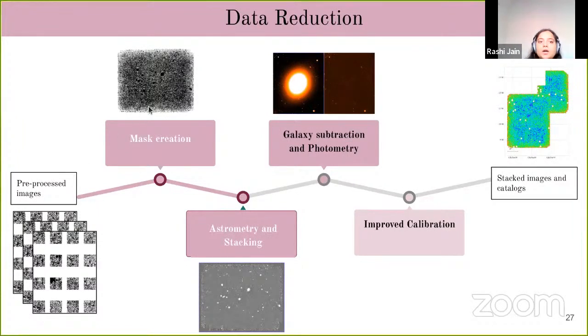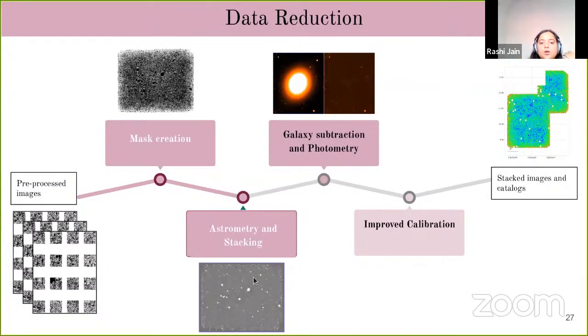And then after we mask these objects, we estimate the sky and subtract this sky. Apart from sky subtraction, we also do another pass of subtraction for some artifacts which are left behind because of systematics and other instrumental effects. After which we perform another pass of astrometry and then stack these images. And we get a stacked image like this for the entire field.